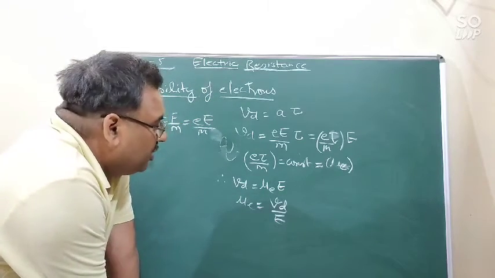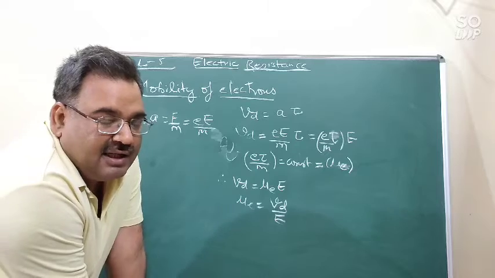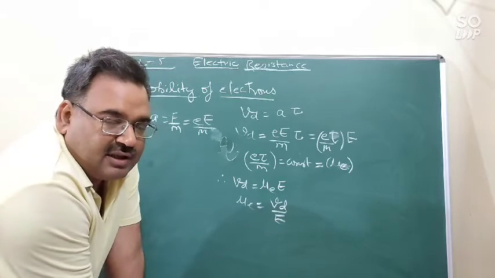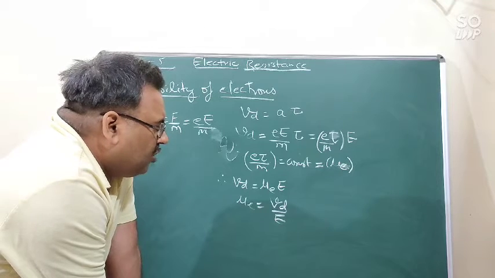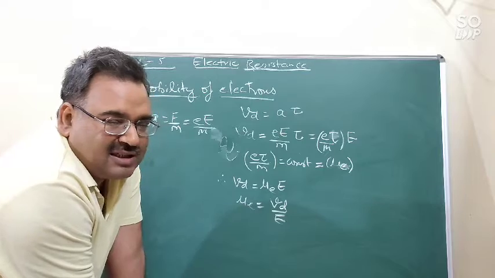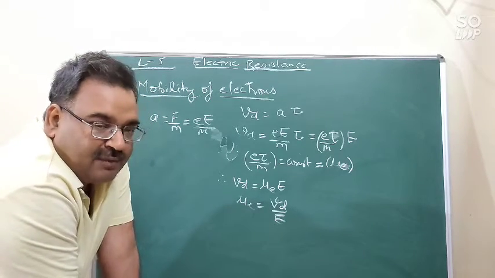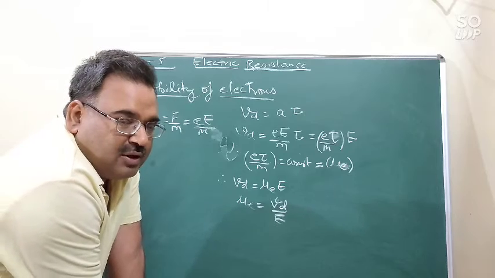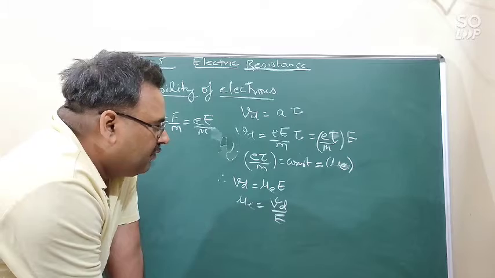Now for relaxation time tau to be constant, there is a condition here: if the temperature is constant, then the relaxation time will also be constant. So E tau upon m is a constant which is equal to mu. Now mu is another constant that is placed in place of E tau upon m, and that is known as mobility of electrons. So mu represents mobility of electron.